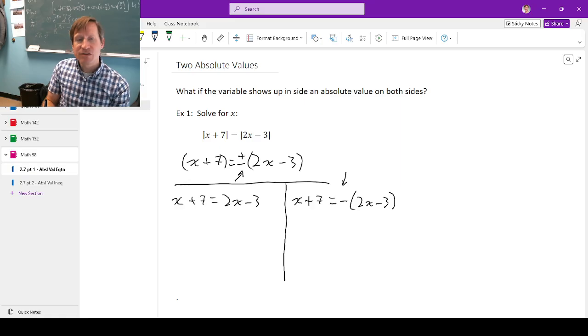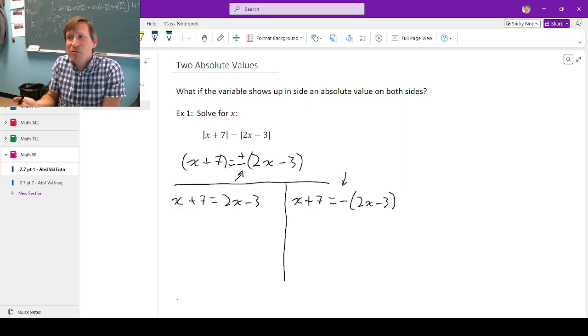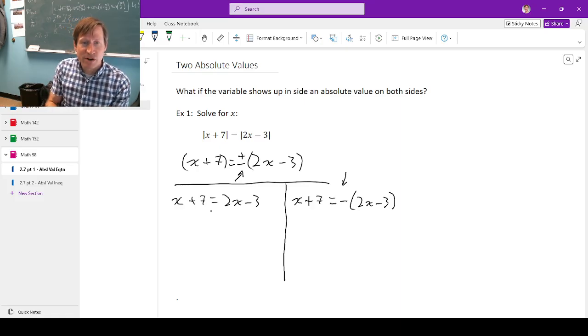All right, so now we have two equations to solve instead of just one, but now these are totally normal equations. Now we can do the usual stuff to solve both of these equations. Let's do the one on the left first. Subtract 7 from both sides. We get x equals 2x minus 10, and then subtract 2x from both sides.